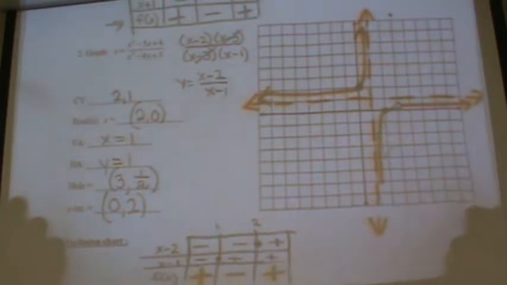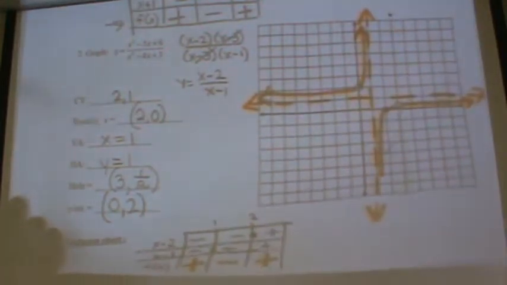We're going to skip 3, we're going to do number 4. Okay, number 4. Help me out. Out of these things, what can you do? Horizontal asymptote.